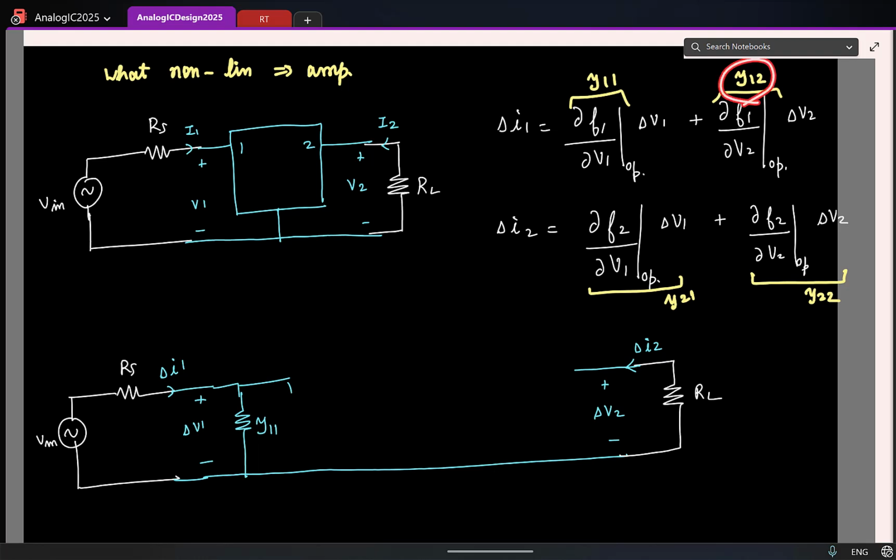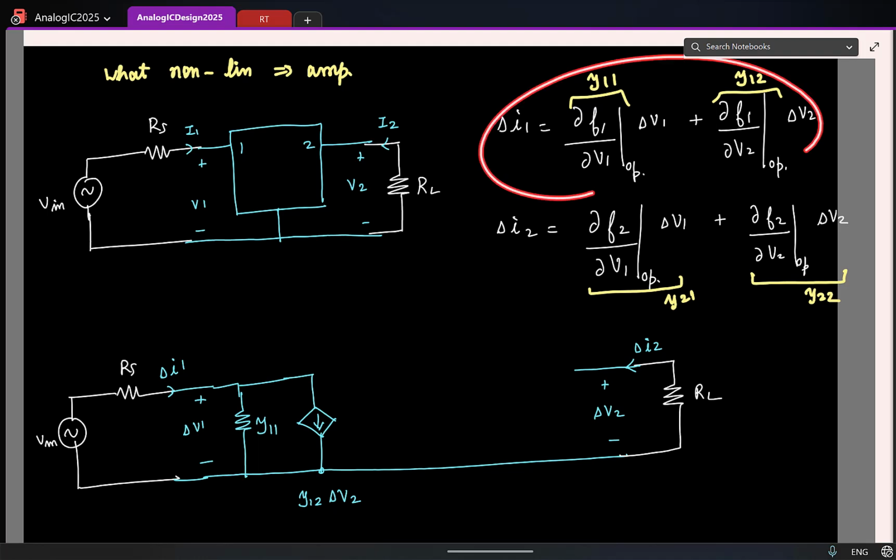Y12 is a constant, so it's a current source whose value depends on another voltage, delta V2. How do you model that? It's a dependent source, a voltage controlled current source. So I'll say its value is Y12 times delta V2. This basically models the first equation.